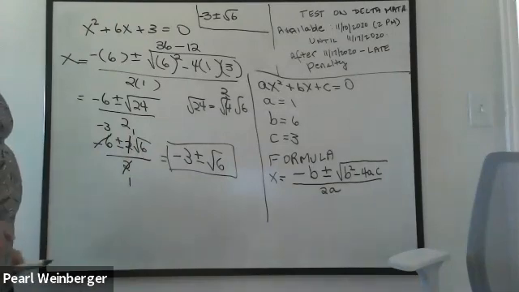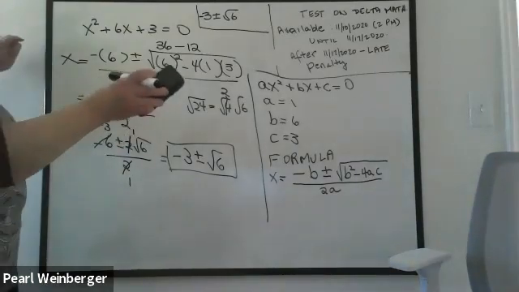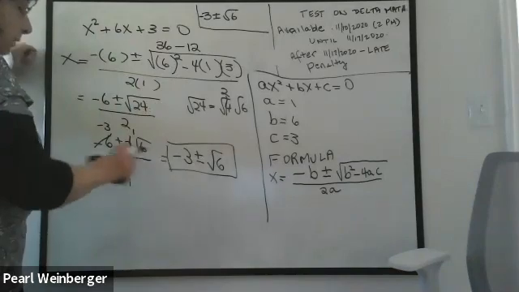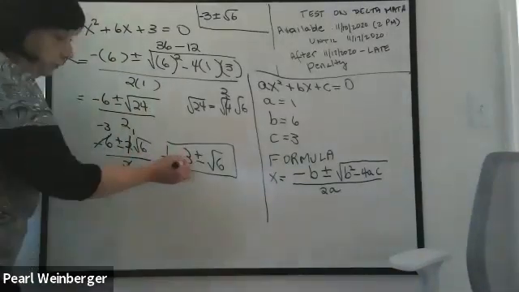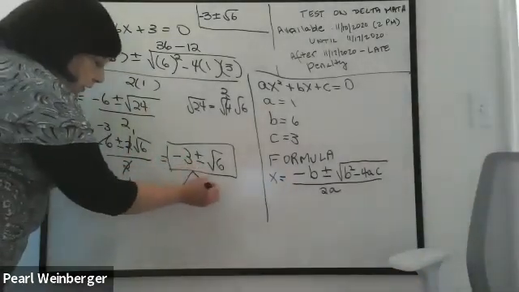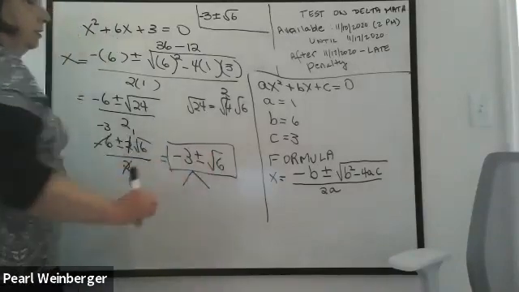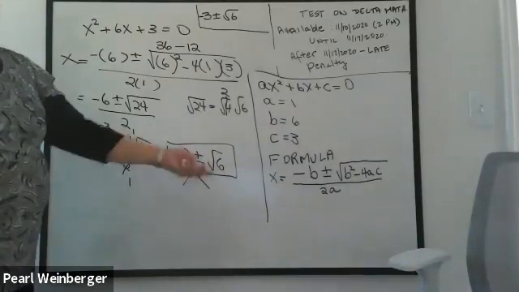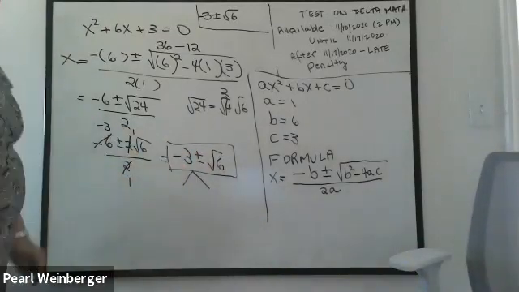Okay, I wanted to show you one other thing. I'm going to erase a little bit of this, and I'm going to write right here. This answer is an irrational answer. It has a square root of 6, and 6 is not a perfect square.